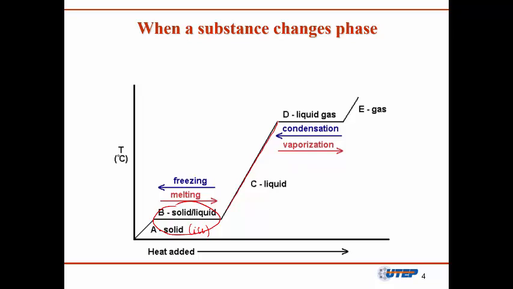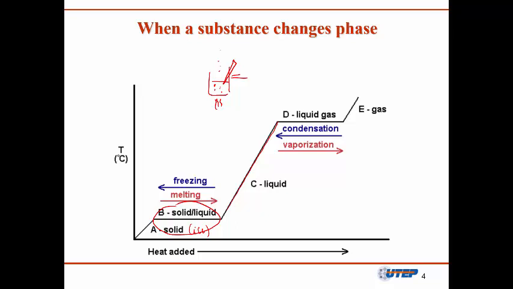The same thing happens whenever you are boiling water. As you heat water, it increases in temperature and some of it starts to evaporate, but not all of it. If I were to put a thermometer here, what I would see is that at 1 atmosphere of pressure, at 100 degrees Celsius, the water will boil.